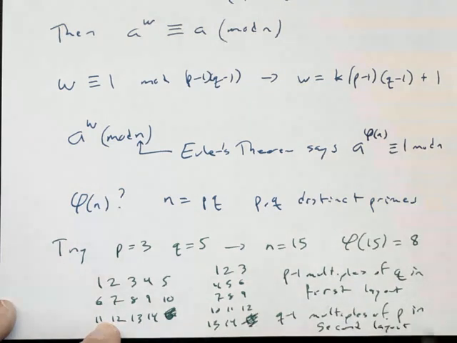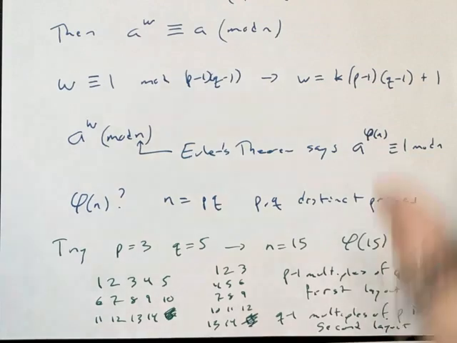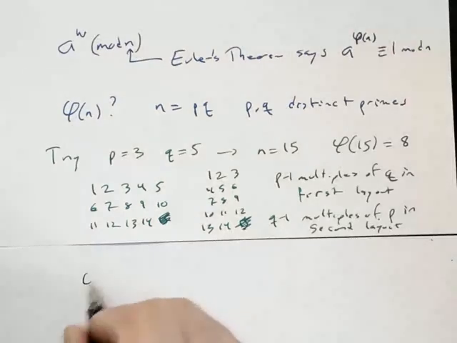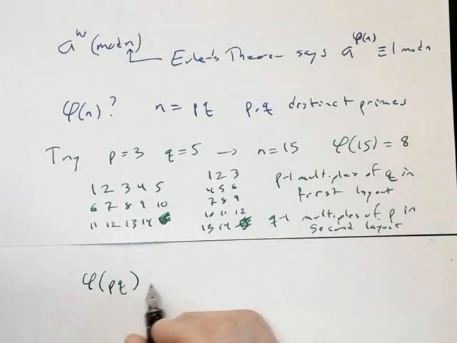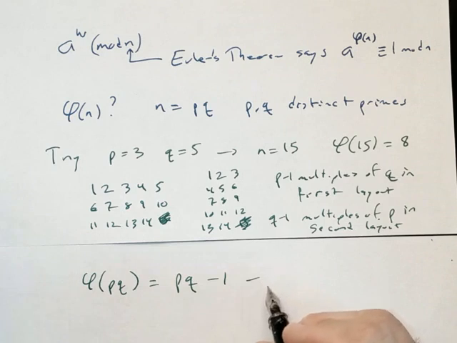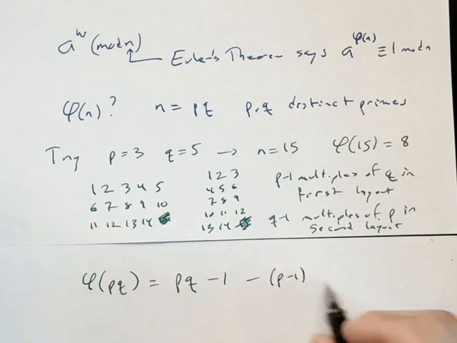So I know how many numbers I need to throw out. I need to throw out the p minus 1 numbers, and I need to throw out the q minus 1 numbers. So phi of pq should be all of the numbers up to pq except pq itself, minus p minus 1, minus q minus 1.